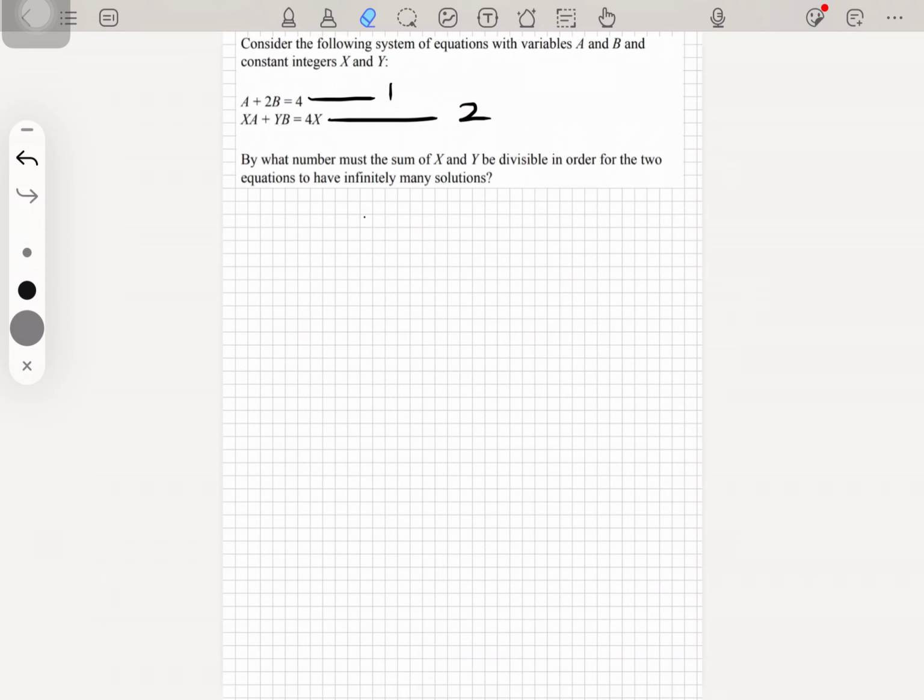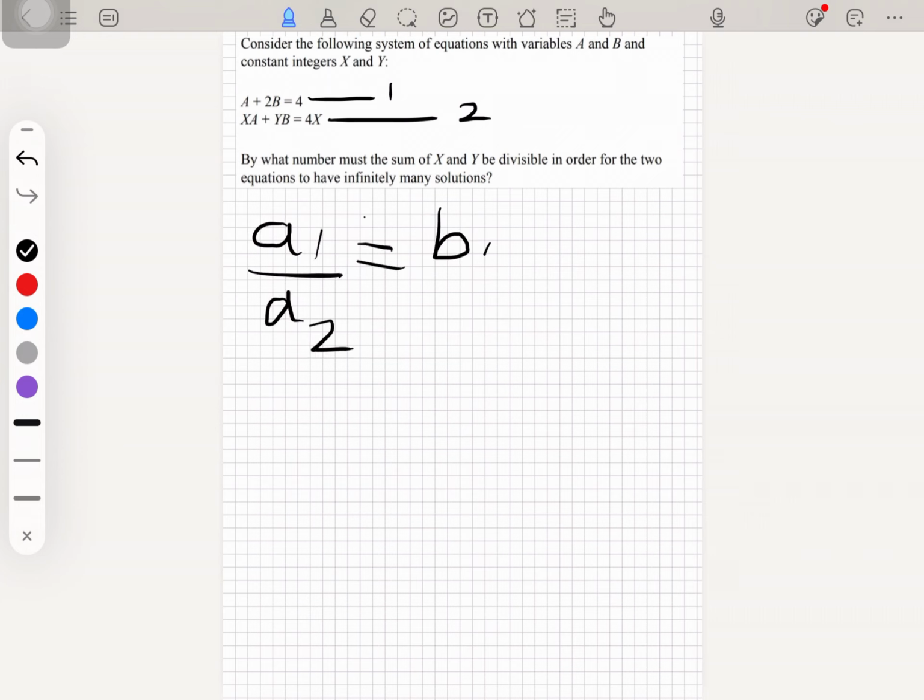And the condition is a1 over a2 is equal to b1 over b2 is equal to c1 over c2. a1 is the coefficient of the first variable, and similarly b1 of the second, and c1 is simply the constant.